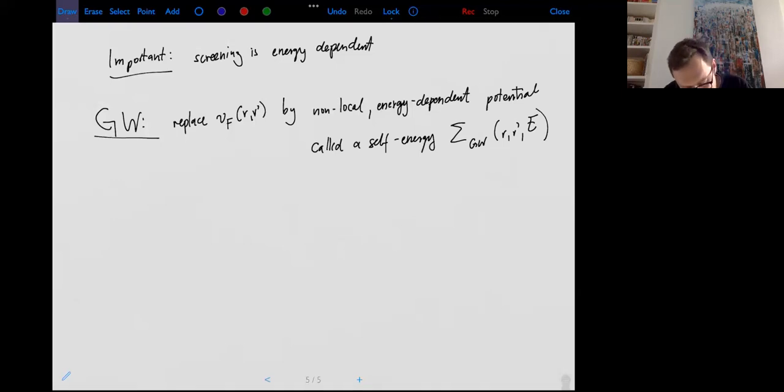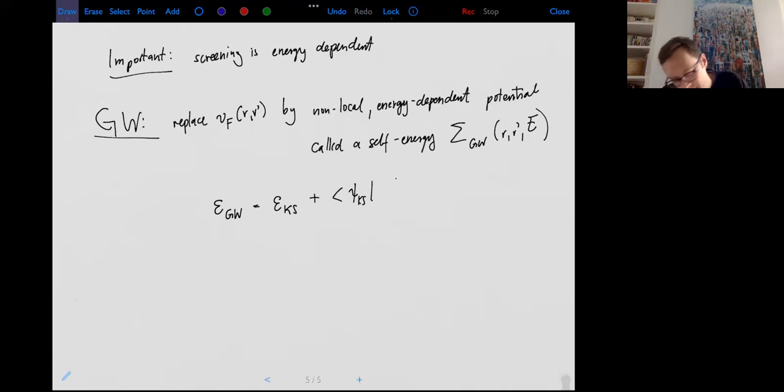So when we calculate GW energies, we can start again with our Kohn-Sham energies.